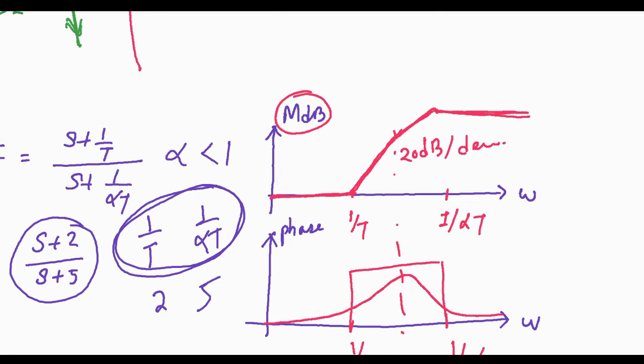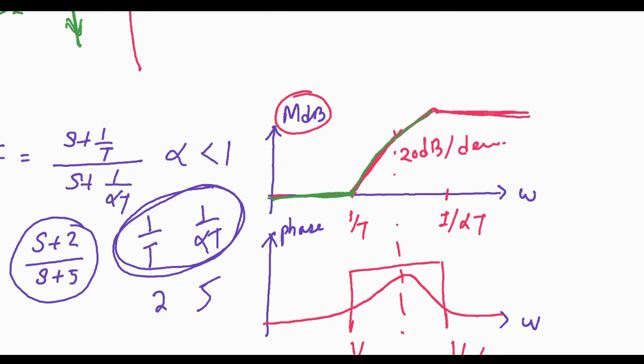So if you will see here, this is decreasing and here touching, not crossing, and here going along with the 0 dB line. So it may cross below 1 by t.